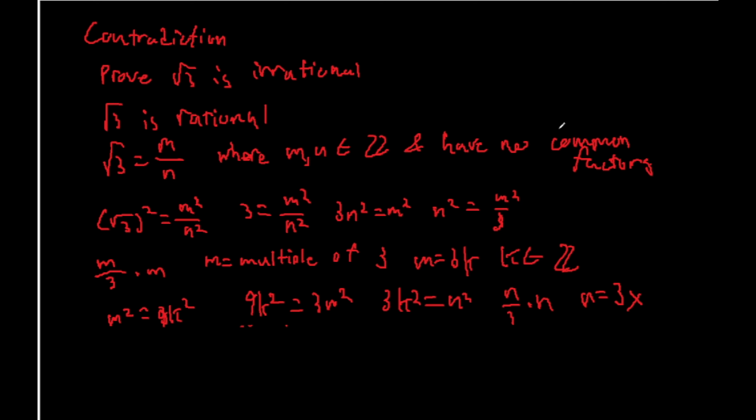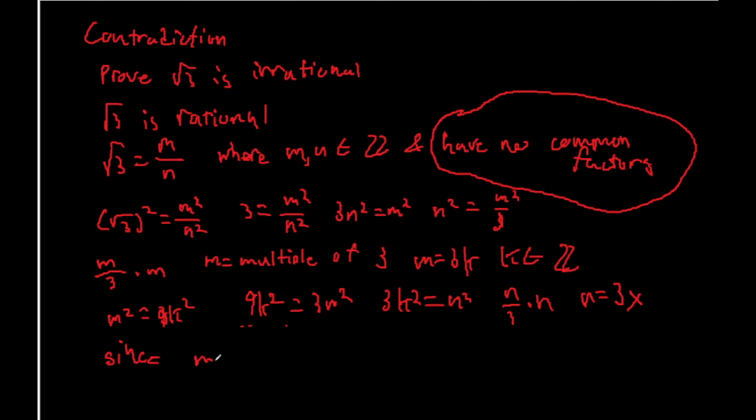But as we have up here, because it's a rational number, they're supposed to have no common factors. But they do, which is 3. So since m and n have a common factor of 3, then it's not a rational number.